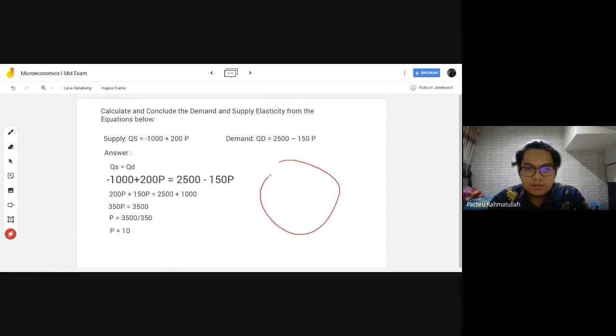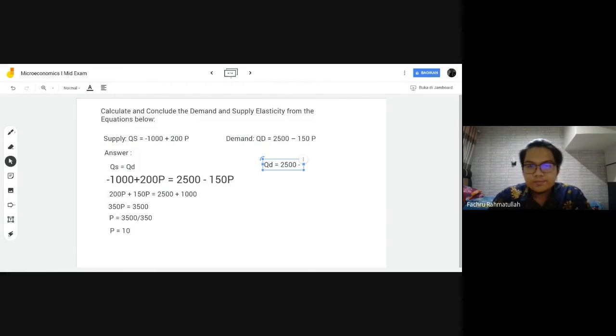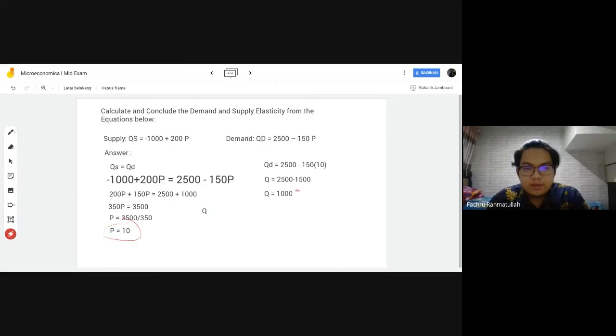So let's write it in here. Now we got the number for the P and the Q. So let's insert the point of equilibrium. So this is the point where this equation got the point of equilibrium.